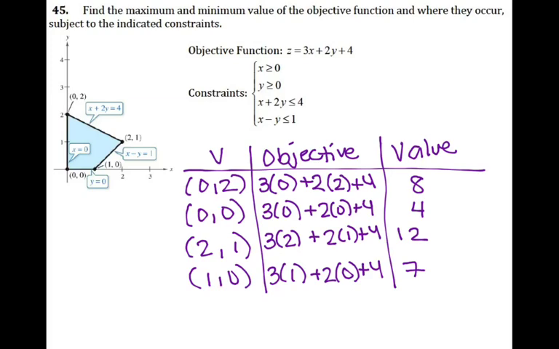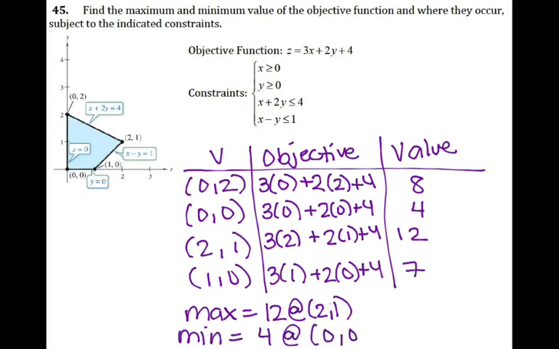So my max is 12, and that occurs at 2, 1. And the min is 4, which occurs at 0, 0.